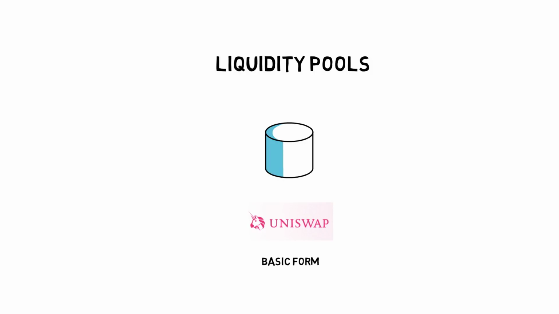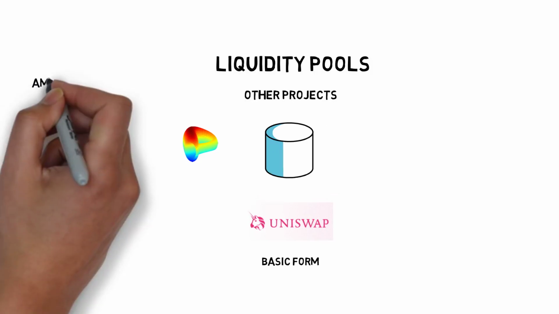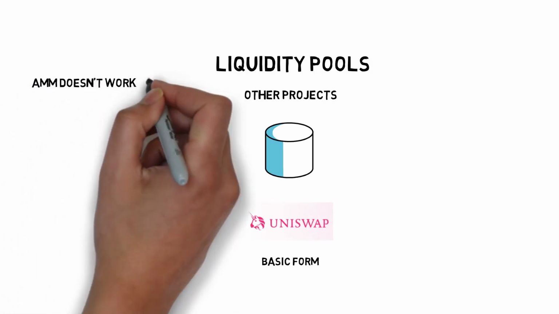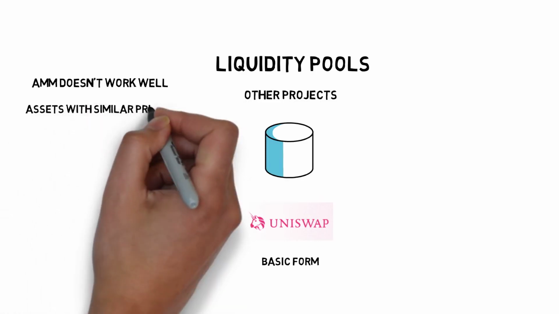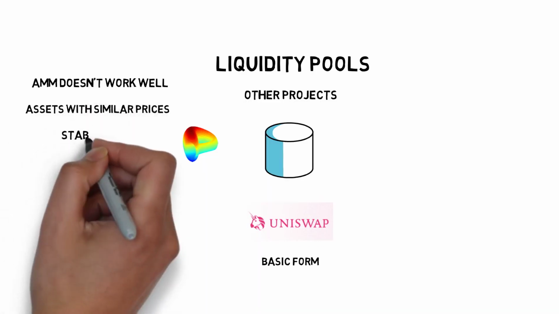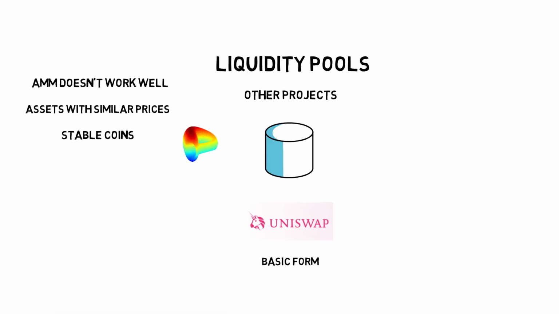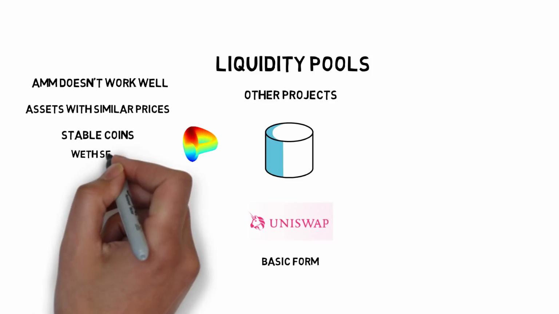Other projects iterated on this concept and came up with a few interesting ideas. Curve, for example, realized that the automated market-making mechanism behind Uniswap doesn't work very well for assets that should have a very similar price, such as stablecoins or different flavors of the same coin, like WETH or SETH.